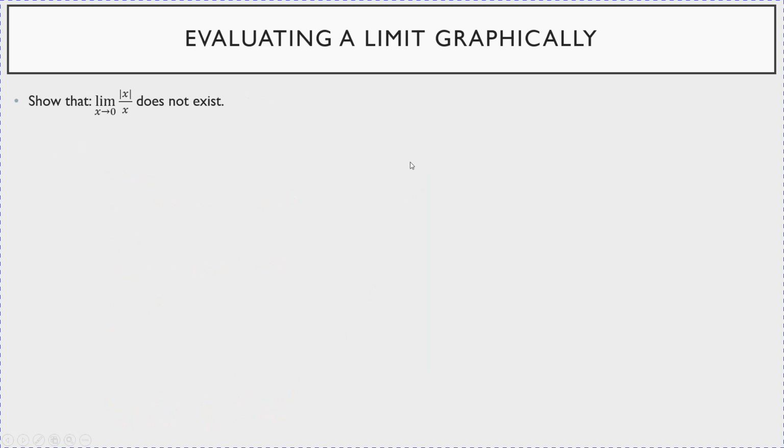Let's try this one. I want to show that the limit as x goes to 0 of the absolute value of x divided by x does not exist. And the easiest way to do this would be to sketch the graph of this function, absolute value of x over x.